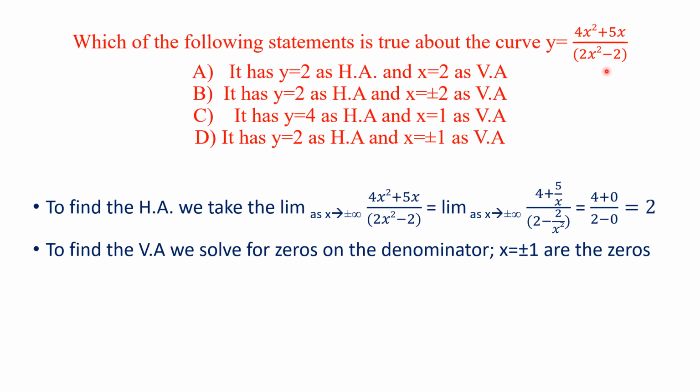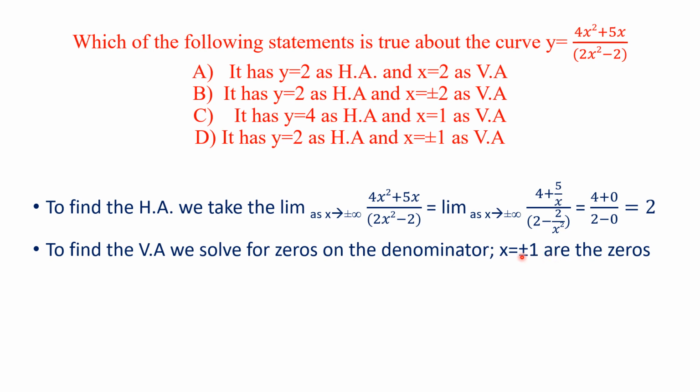And when we take the square root of both sides, we will find out that x will be equal to 1 or x will be equal to negative 1 as zeros. And from that, we can conclude that the denominator offers us two values for which it has zeros, x equal to plus 1 and x equal to minus 1.